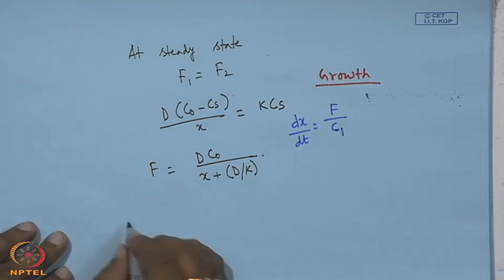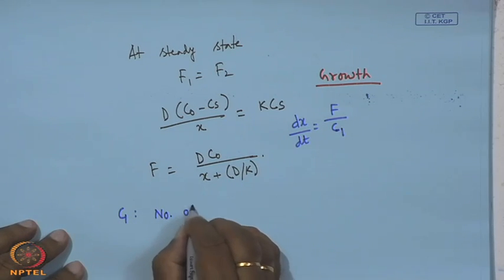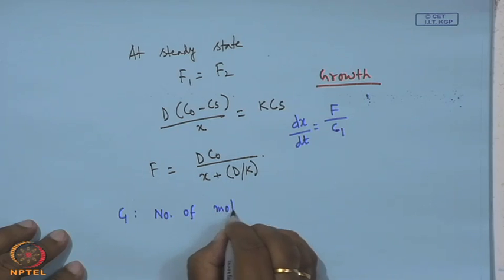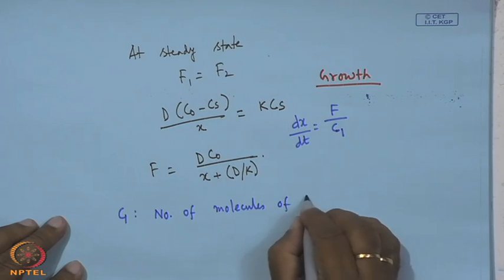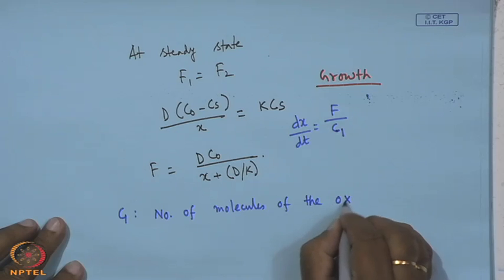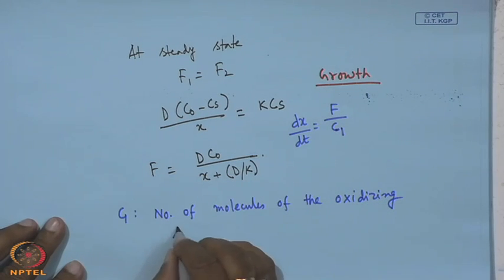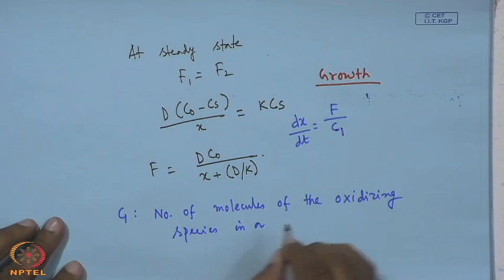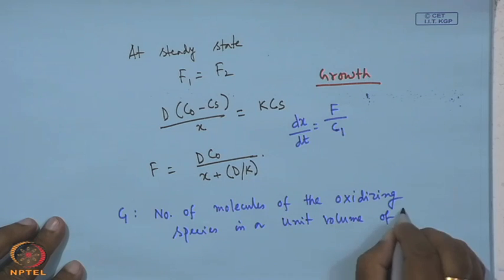What is C1? C1 is the number of molecules of the oxidizing species in a unit volume of the oxide.